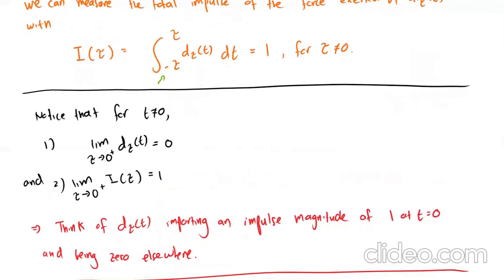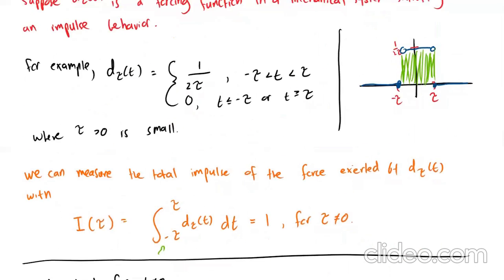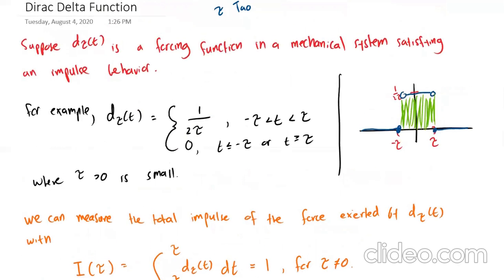Okay, so for t not equal to 0, we have two conditions that this function satisfies. I'm not going to go over them in detail, I'm just going to tell you what they are. If we take the limit as tau approaches 0 from the right of this function, this limit actually goes to 0.